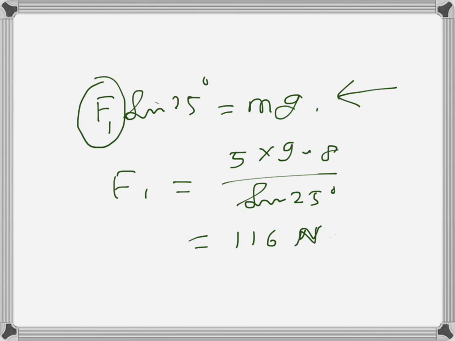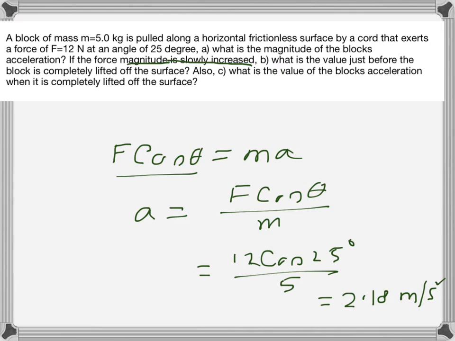I hope the calculation is correct, but please double check. And finally there is a third part which asks: what is the value of the block's acceleration when it is completely lifted off the surface?